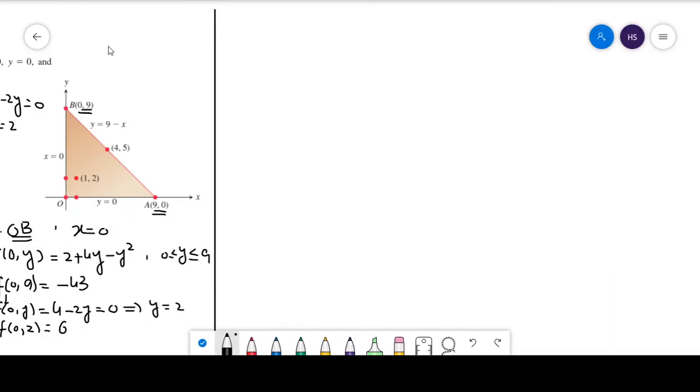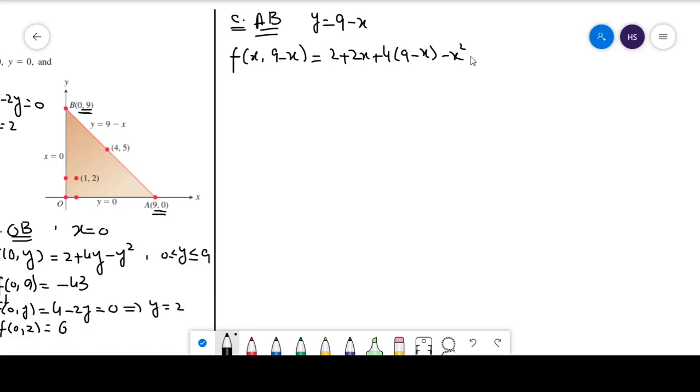So now we are going to talk about the line segment AB, right? So C part, line segment AB. On this line segment, y equals 9 minus x. So now x remains x and y becomes 9 minus x. So this becomes 2 plus 2x plus 4 times (9 minus x) minus x square minus (9 minus x) whole square.